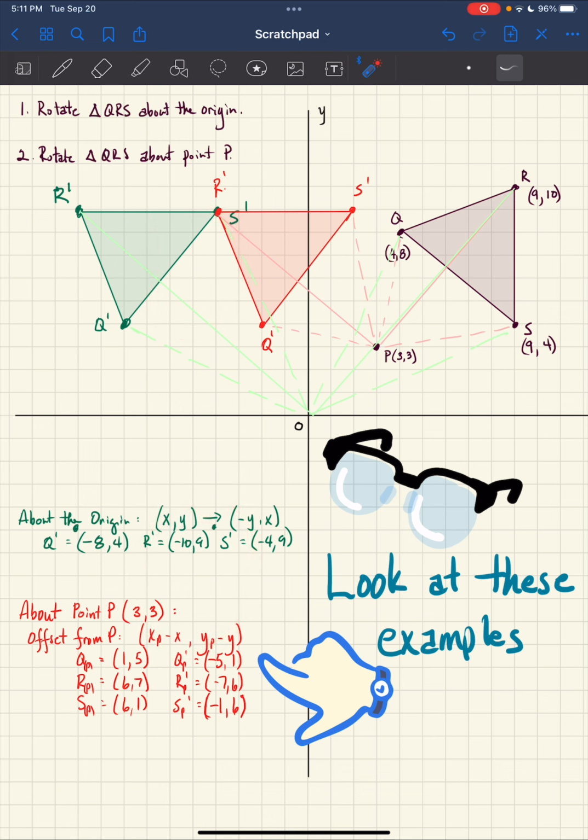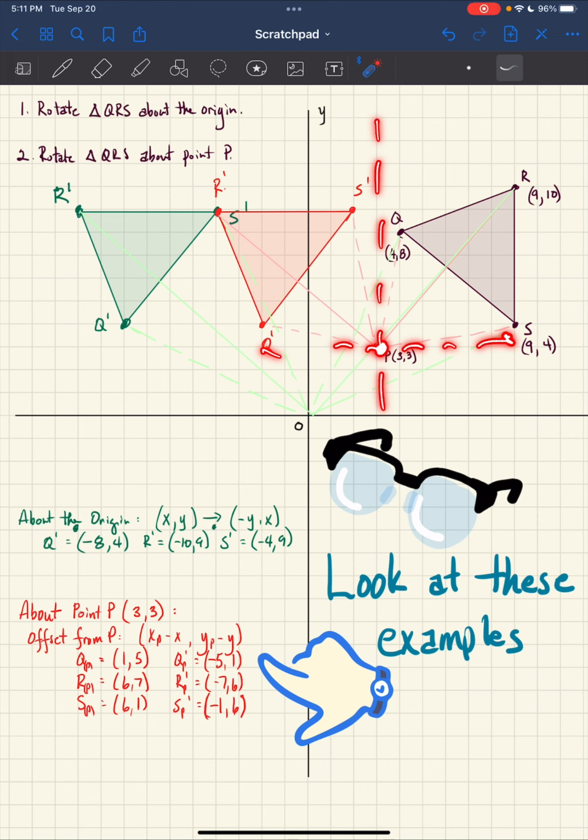Now, what does it look like if we rotate around point P instead? Well, going through the process that we just went through, where I imagine now that my imaginary plane is right here going through my point of rotation, which now is 3, 3. So 3, 3 becomes my new imaginary point of origin.